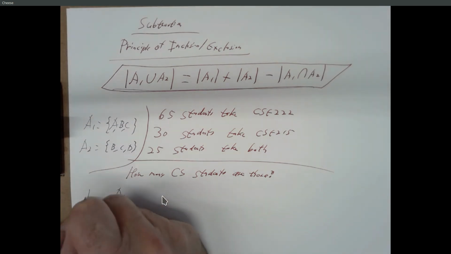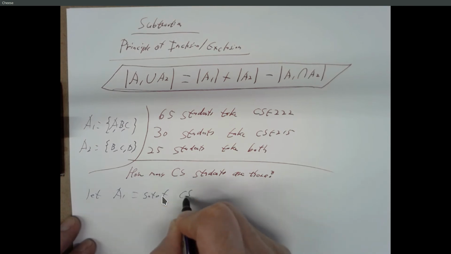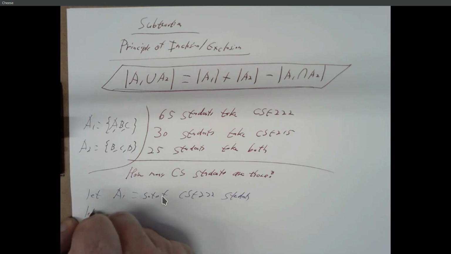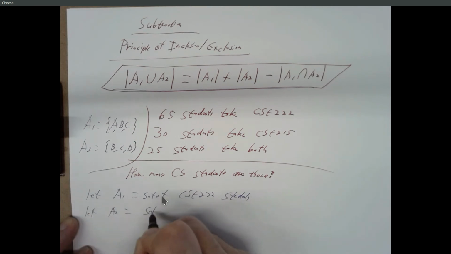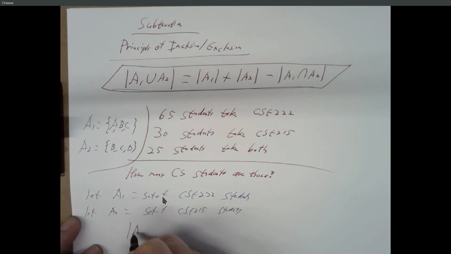So A1 equals the set of CSE 222 students. Let A2 equal the set of CSE 215 students. Total number of students will be the number of elements in A1 union A2.